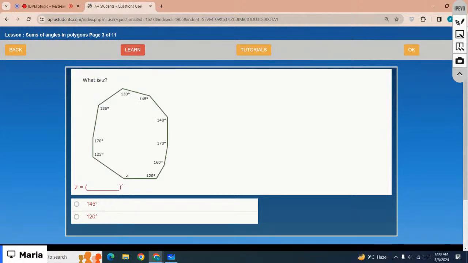Okay, what is Z? 1, 2, 3, 4, 5, 6, 7, 8 triangles. Which is the correct option?